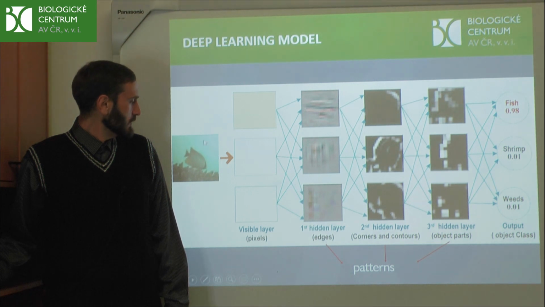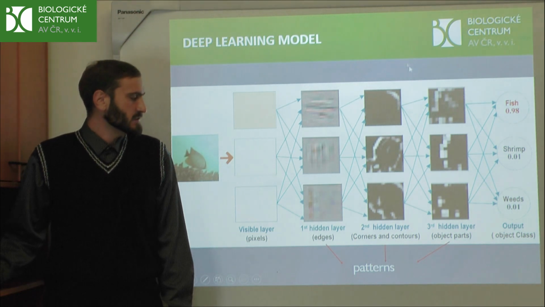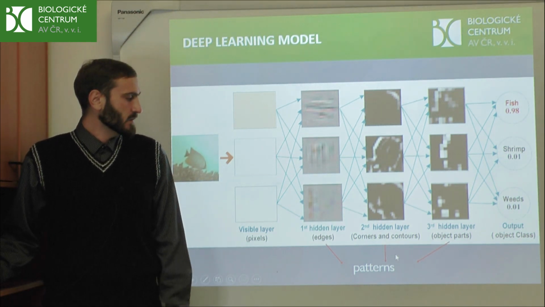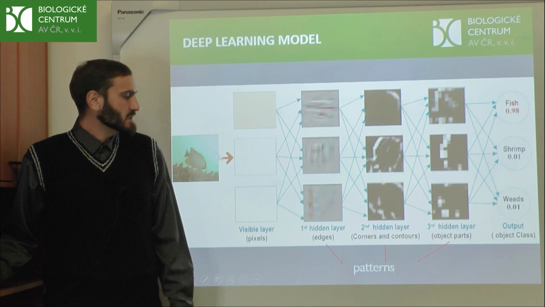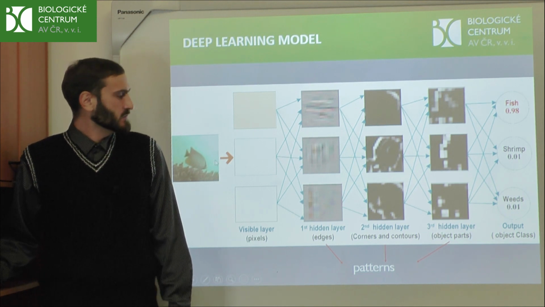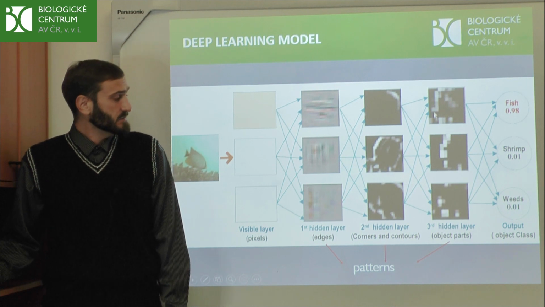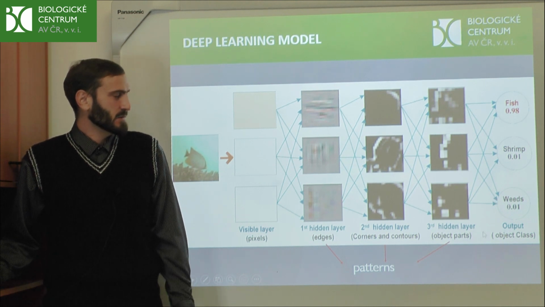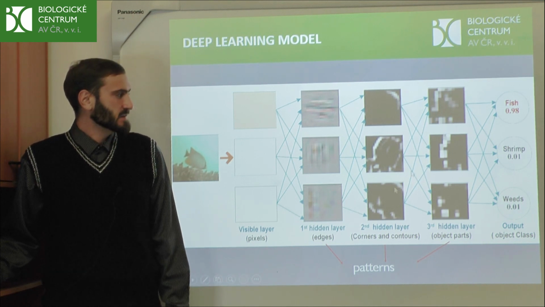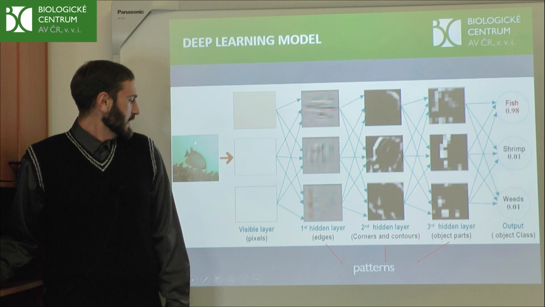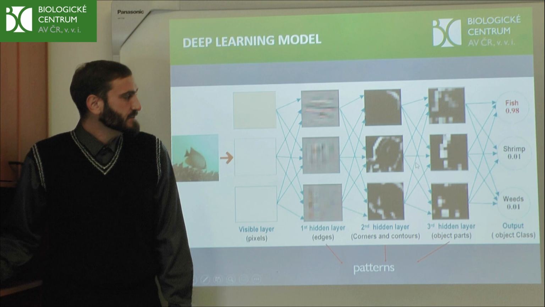On the second layer we are looking for edges, like the bottom or water column, or edges between fish and water, and later we look in more detail. So we are more concerned with what kind of corners and contours the object has. On the last layer we look in even more detail, meaning that, for example, we look for the tail, head or eyes on the object.